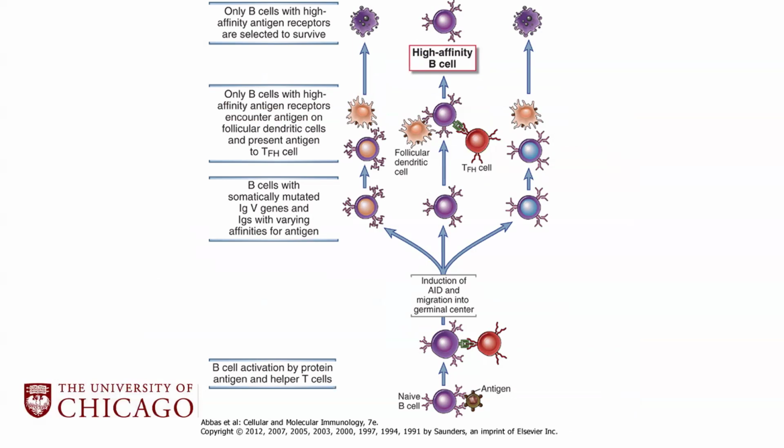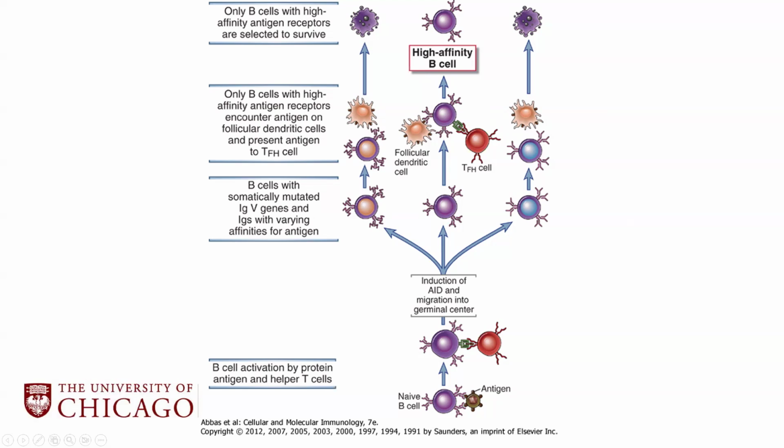Okay, so here you have your naive B cells recognizing antigen and traveling to the T cell zone. It's going to be a T cell that fully activates that B cell. You're going to induce AID, and you are going to get B cells with somatically mutated variable regions and varying affinities.